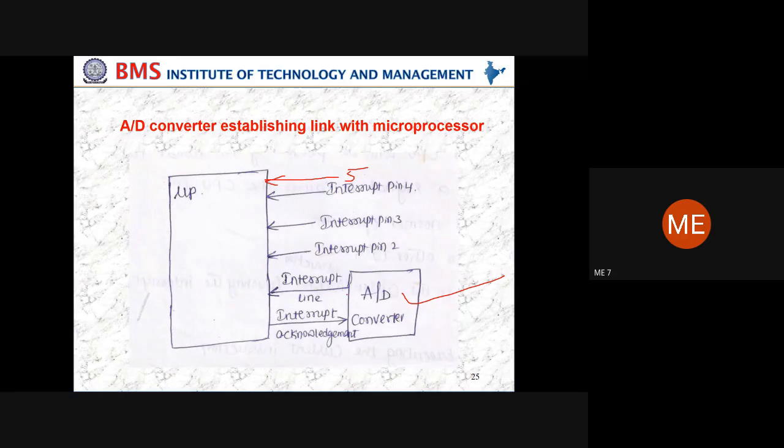When information comes on any of the interrupt lines, the microprocessor gets alerted that somebody wants communication. I am just trying to tell it in the simplest way: the microprocessor is notified that some communication needs to be established with it. Are you ready? So the microprocessor will see which interrupt it is.